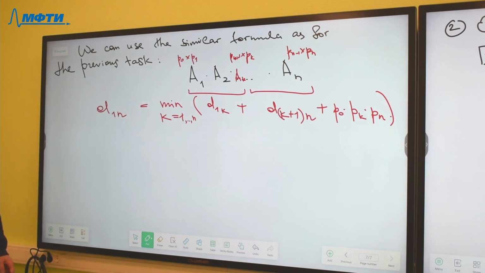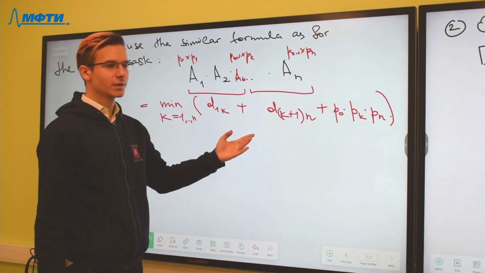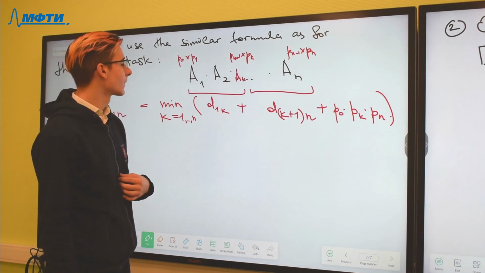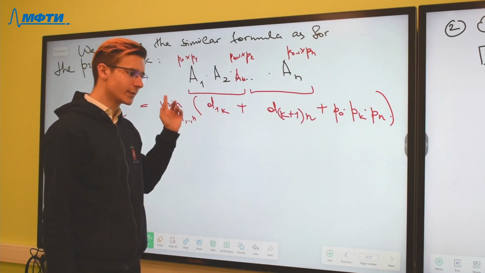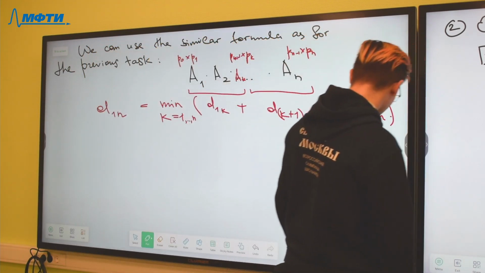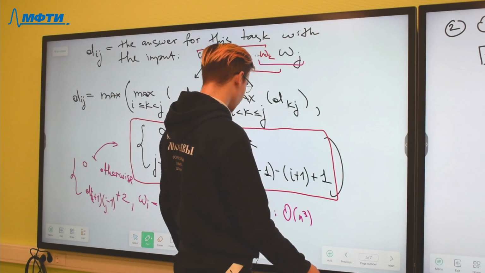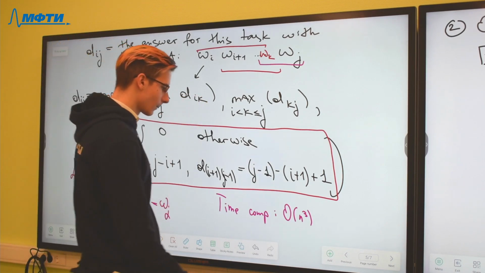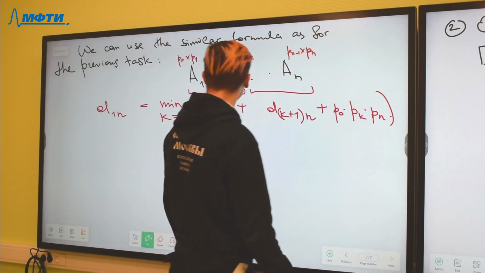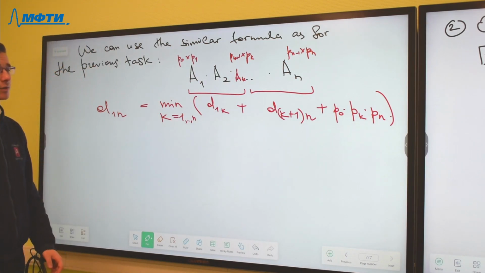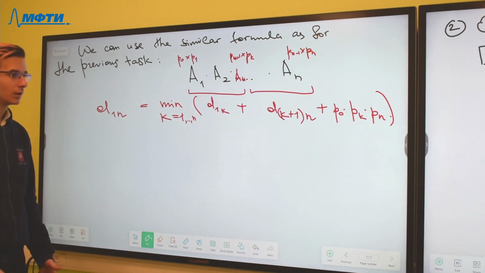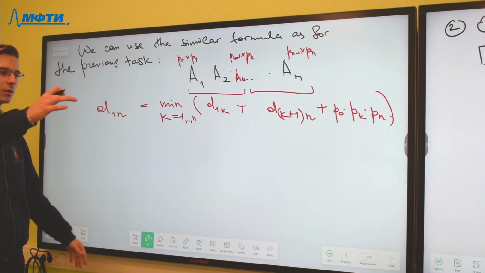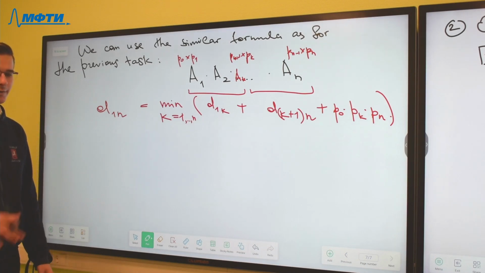So you see that it is similar to what we used to find the answer for the previous task. So for this task, we can use the same way to go through the matrix. We start with the diagonal and go over it by the diagonals.